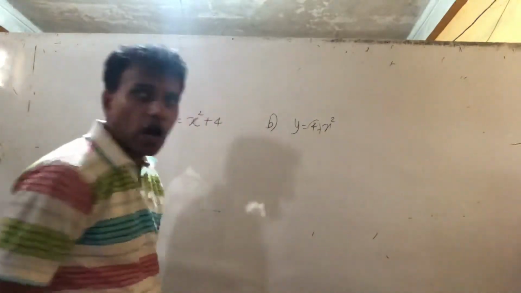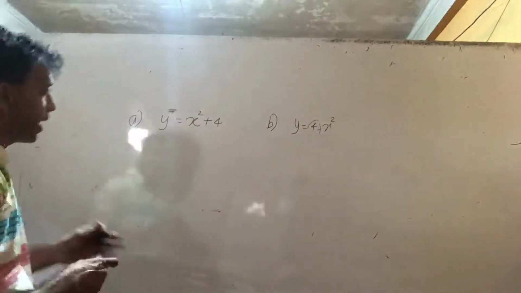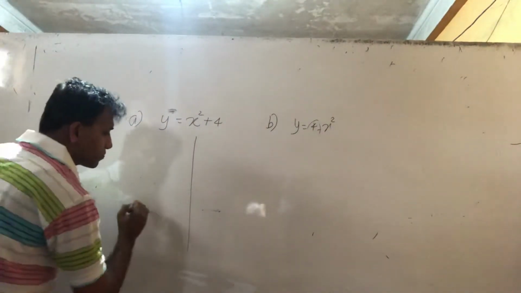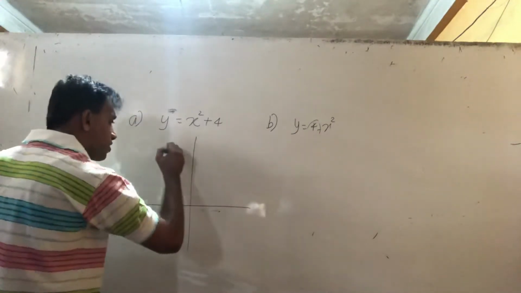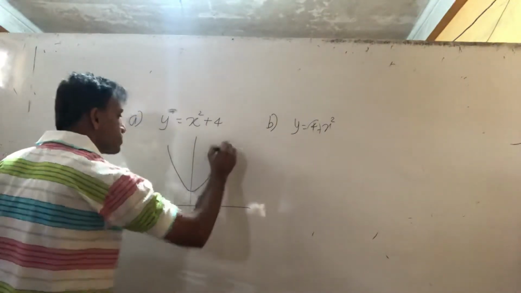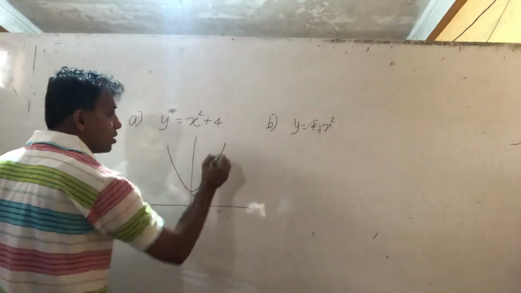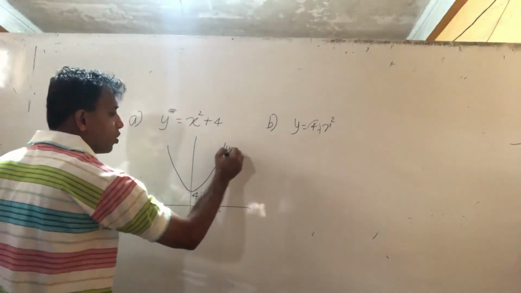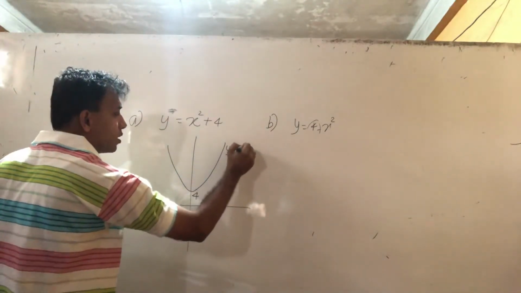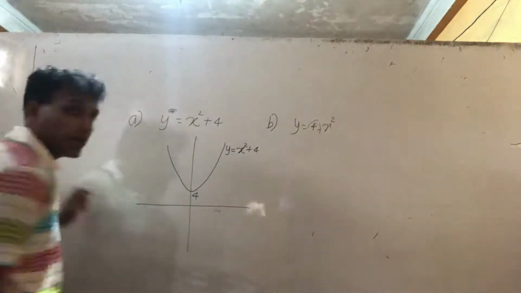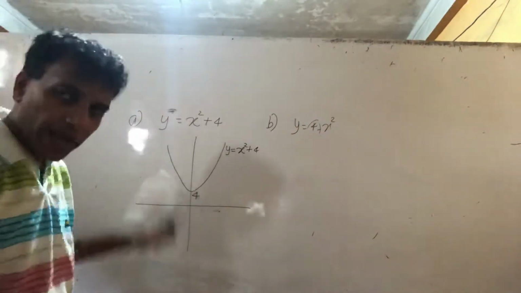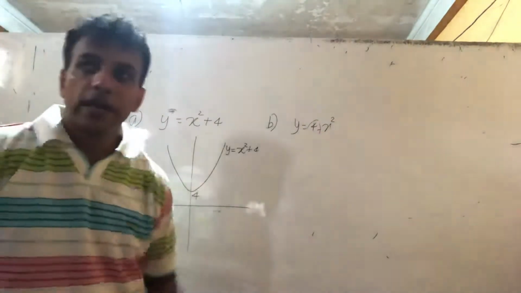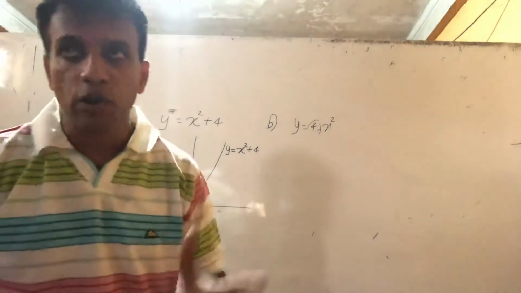There are 2 charts. If I show the diagram roughly, this graph comes like this. We have 4. Y equal x square plus 4. Okay, this graph comes like this. If you want, take a graph sheet, prepare a table and complete it.